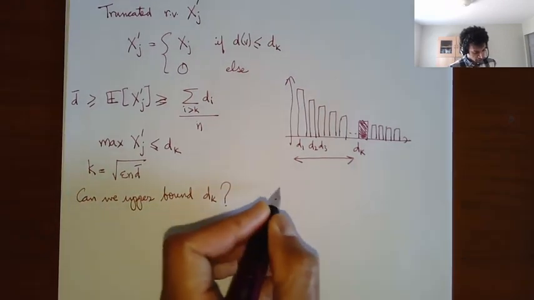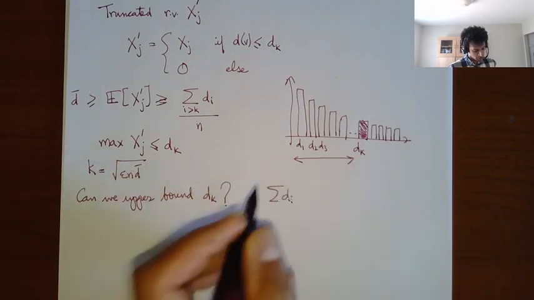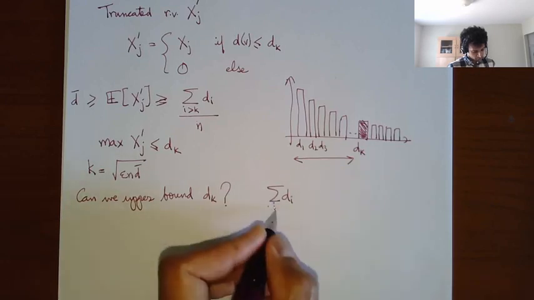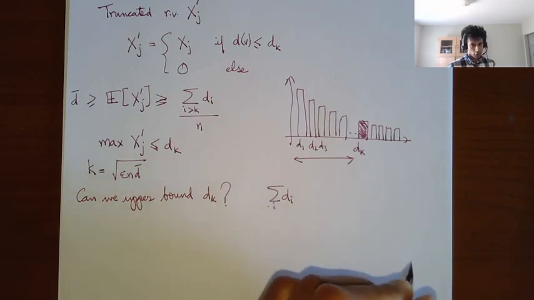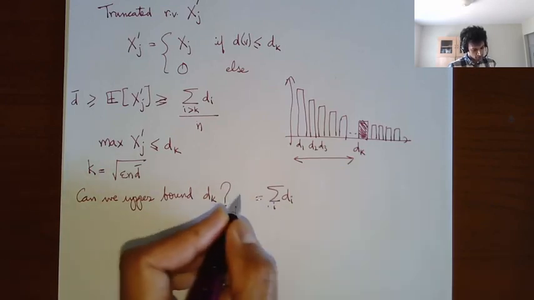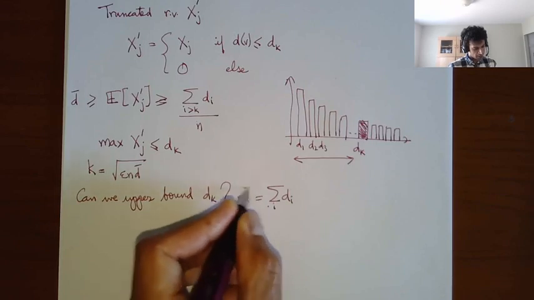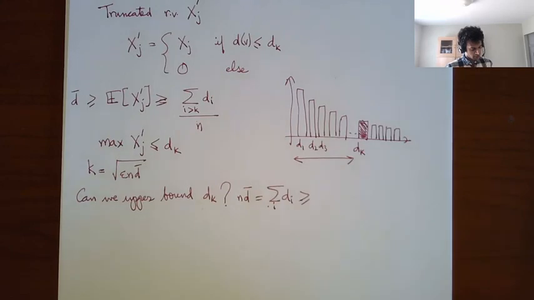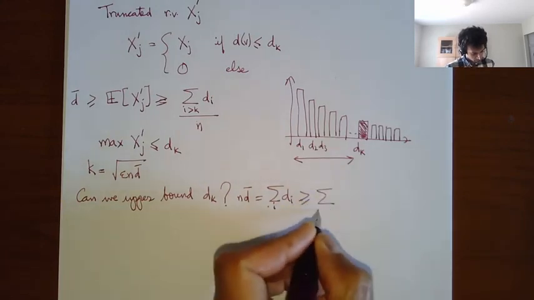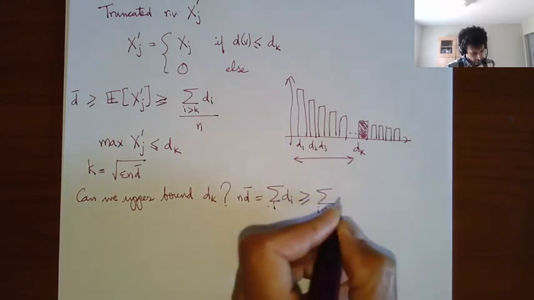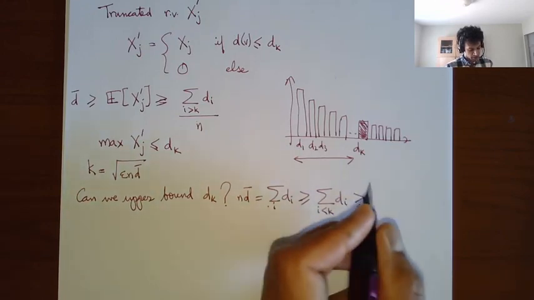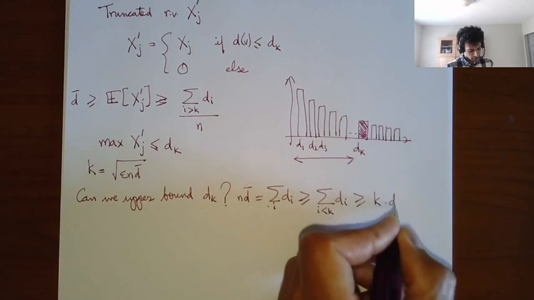So obviously the summation of di over all the vertices, and remember this is just n times the average, is certainly greater than or equal to the summation of i less than k of di, and all of these are at least dk, so this is k times dk.